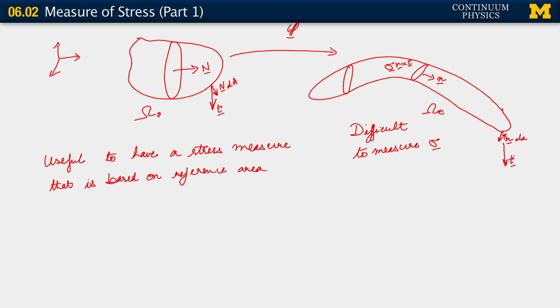Okay, but it's the same traction applied there. Okay, the critical idea here is that the traction is fixed. So even though we're deforming the body, even though the body surface is changing, the orientation of the surface is changing, NDA, which had this orientation in the reference configuration, has gone to a different orientation here in the current configuration. Okay, in spite of that, the load by which we are deforming the body, the traction by which we are deforming it, is the same.